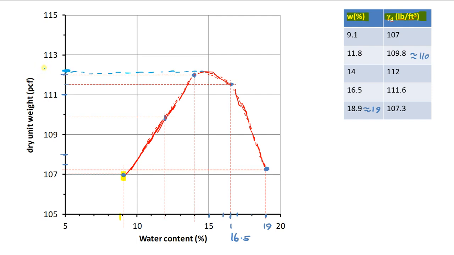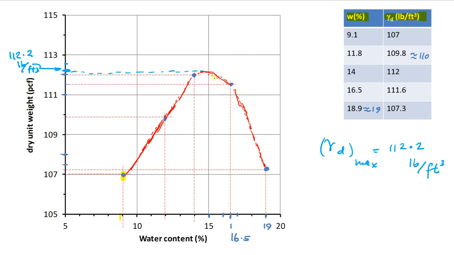I can maybe take 112, or if this is 112.5, maybe 112.2. Okay, this is pound per cubic foot. So I can say that gamma d maximum is 112.2 pound per cubic foot.